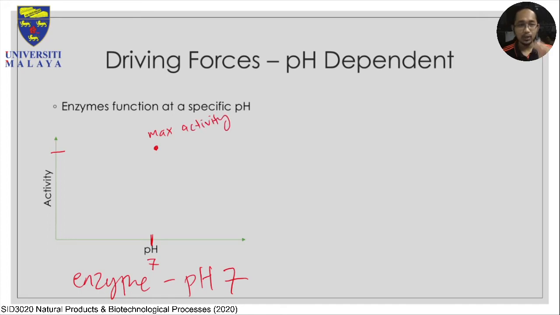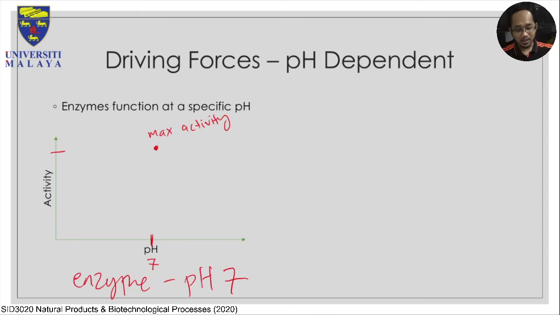Over here we are not talking about the maximum velocity. If you remember the Michaelis-Menten equation, Vmax is the maximum activity, but it's a rate over time. Here we just say activity, the general terminology. So maximum activity is at the optimal pH.